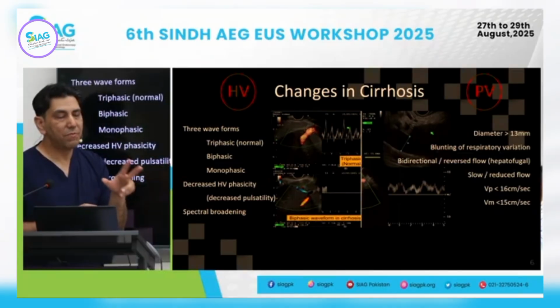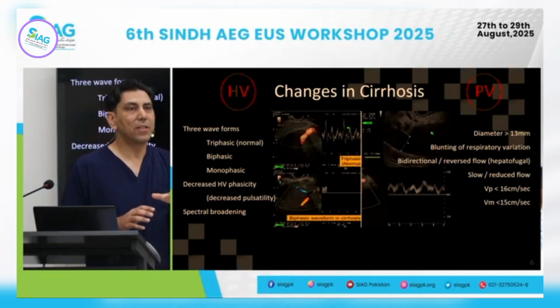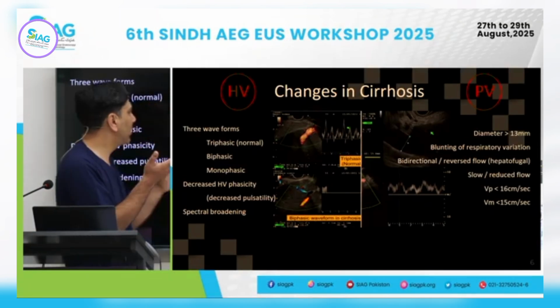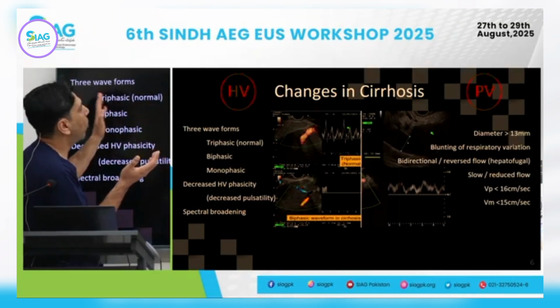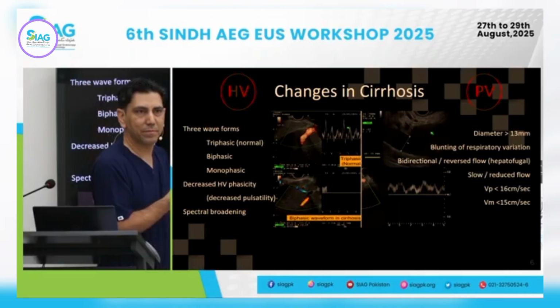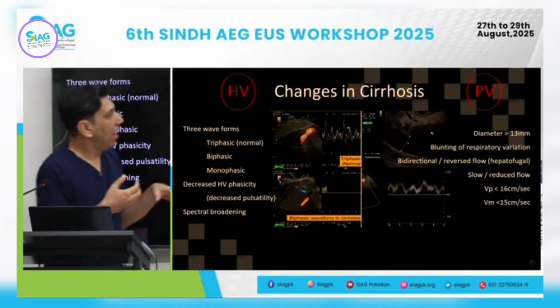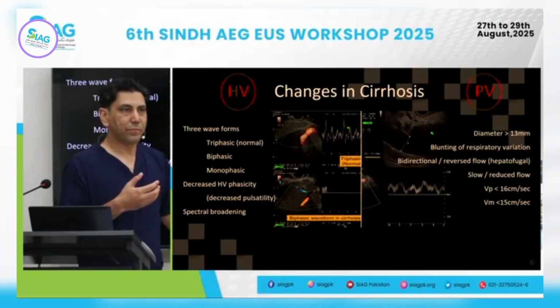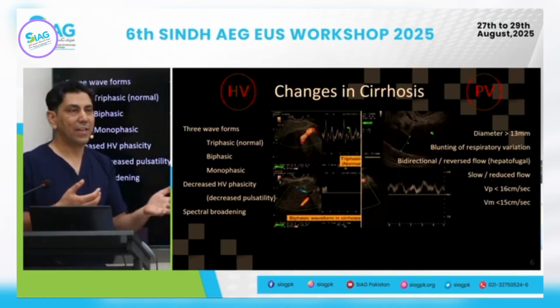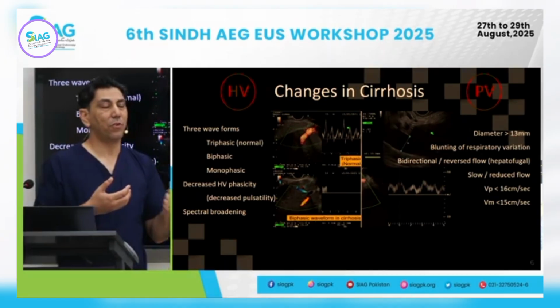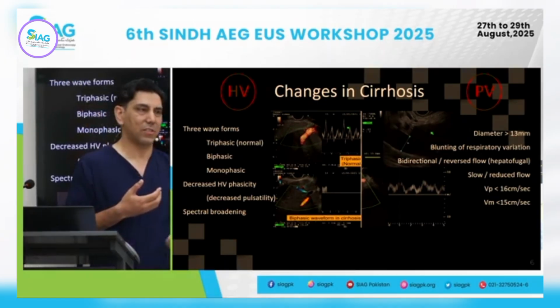Then looking at the vessel walls, not just relying on those two things, we can do pulsed wave Doppler. From medical school teaching, we all know those ACV waves. We know the triphasic normal waveforms in the hepatic veins, and then the flow. We know the velocity in the portal vein is directly a determinant of portal hypertension. We know that is a determinant of the patient's risk of developing portal vein thrombosis down the line.